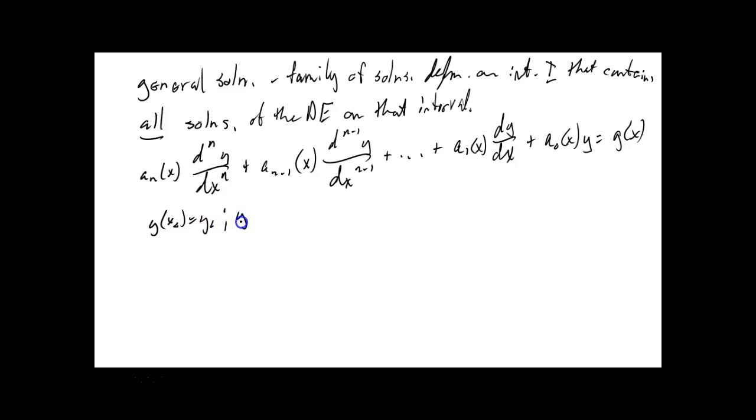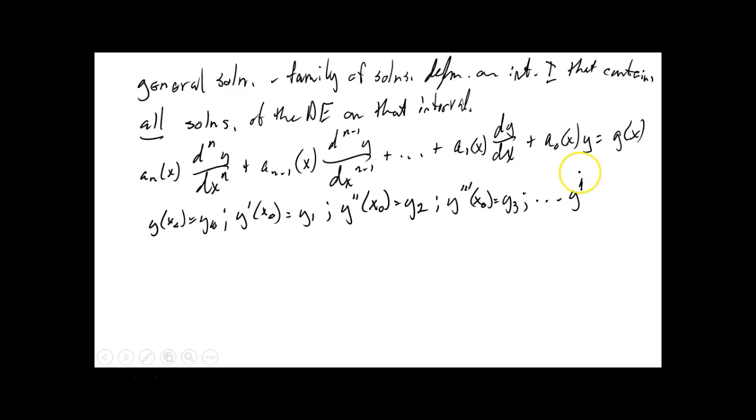You also need y prime at x0, same place, which is y1. You also need y double prime at x0, same value of x, which is y2, and y triple prime at x0, which is y3. These go all the way down to the n minus first derivative of y at x0, which is y sub n minus 1.